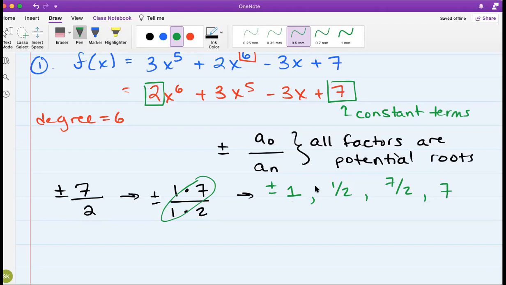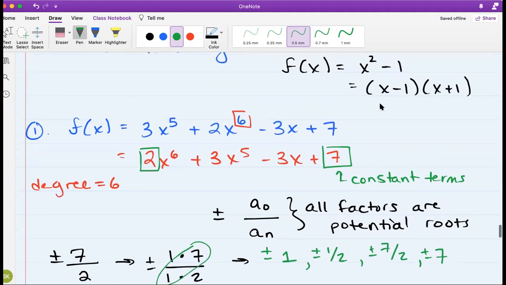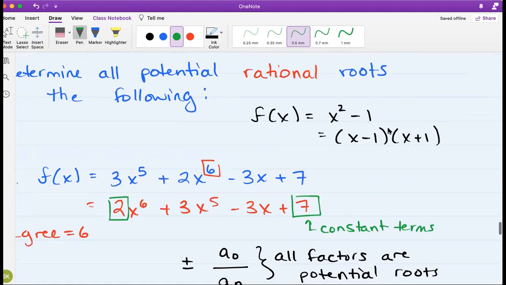So 1 or negative 1, 1/2 or negative 1/2, 7/2 or negative 7/2, or 7 and negative 7. So when we try to factor this, we could have something like x plus 1 times x minus 1/2 times x minus 7. Let me show you with this example, because we know how to factor this.